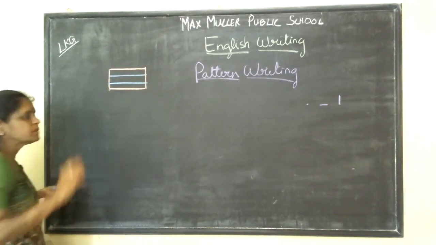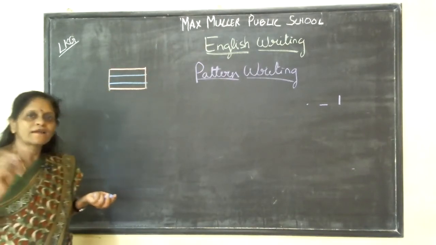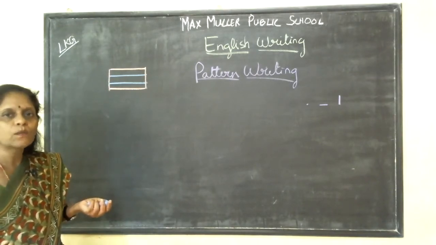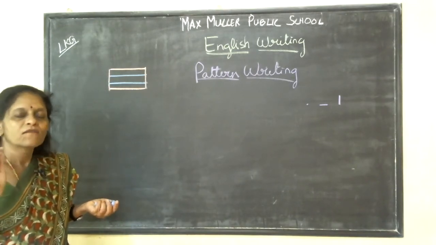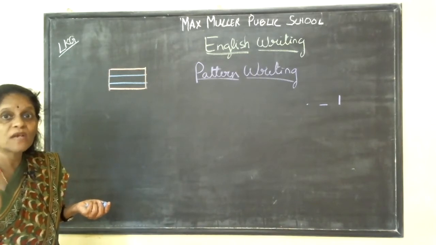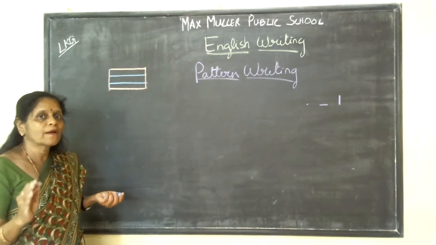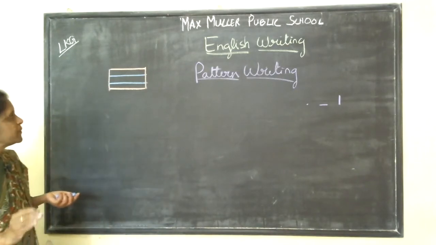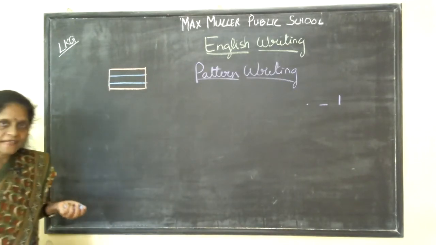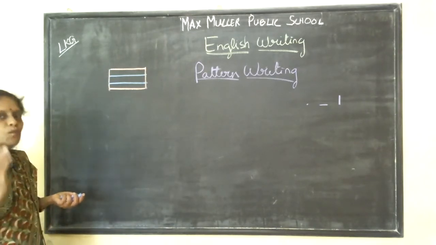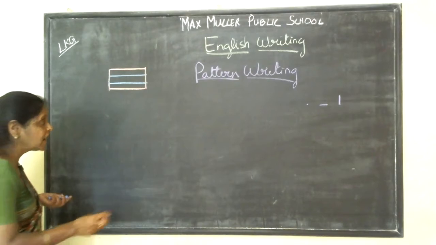You have to remember when you are writing English writing, the 4-line book, that is red and blue lines book. So you have to first remember before you start writing is red line, blue line, red line.